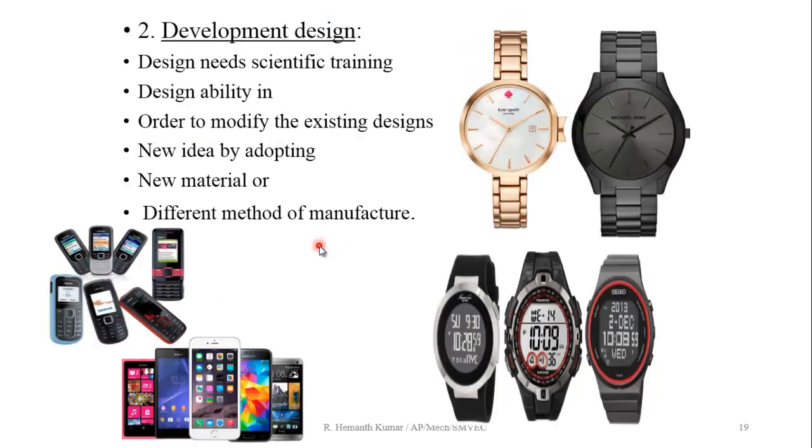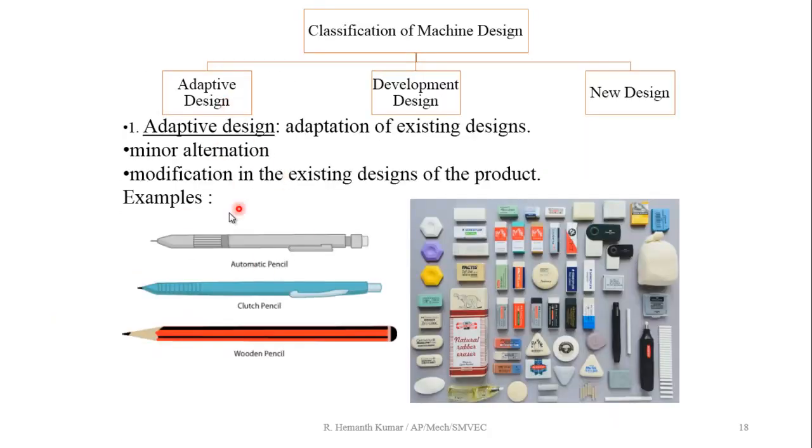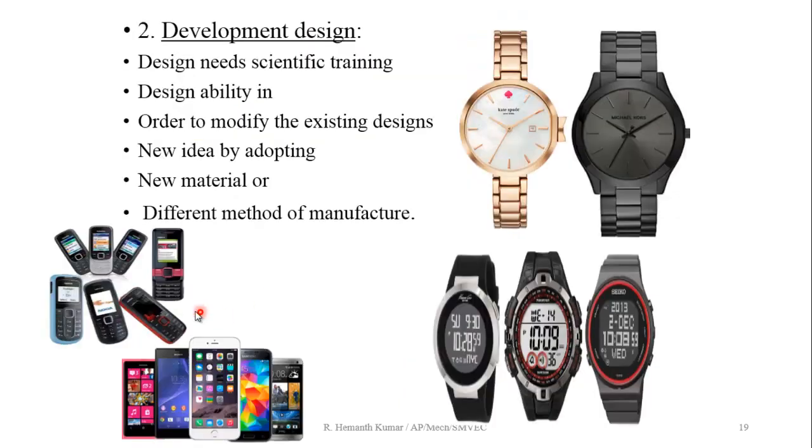designs. Next is development design. It is nothing but modifying an existing design by using some new idea. In the previous modification method, adaptive design, they devised a simple upgraded version, but in this case they will be adding a new feature or a different method of manufacture to achieve a new product.